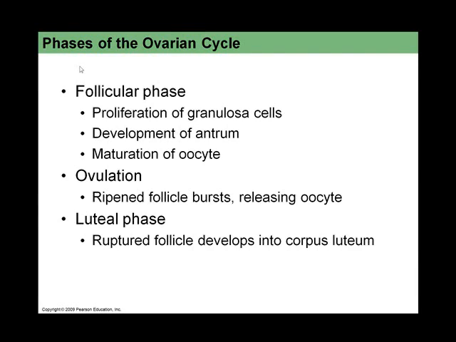The menstrual cycle I consider to have, and all of them, of course, have that central phase that they're linked to, ovulation. So I consider the menstrual cycle to have a pre-ovulatory phase, which includes the follicular phase of the ovarian cycle, and a post-ovulatory phase, which includes the luteal phase of the ovarian cycle.